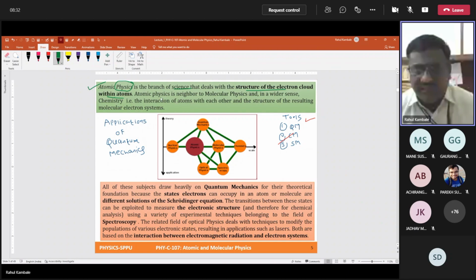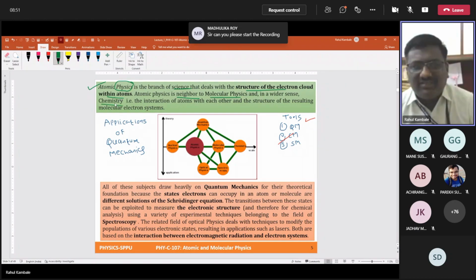Of course, I can add a little bit, because when I combine two atoms, I will get a molecule. That's why I have written that atomic physics is a neighbor to molecular physics. Of course, in molecular structure and molecular spectra, some basic chemistry knowledge is required.